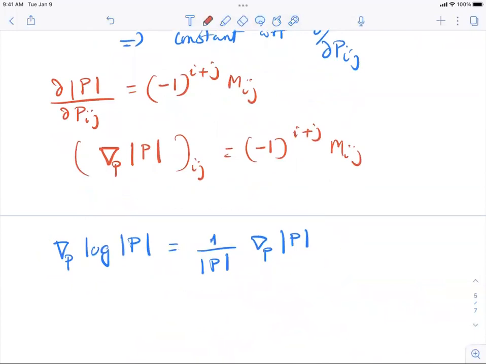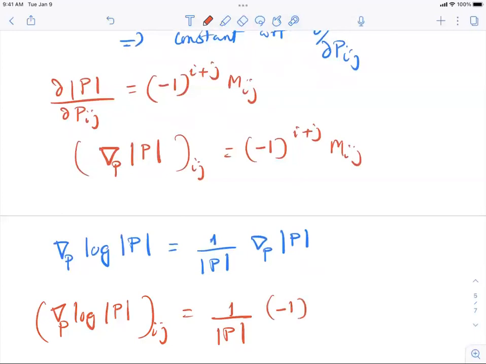So the ijth entry of del P of log of the determinant of P is 1 over the determinant of P times (-1) to the i plus j Mij.